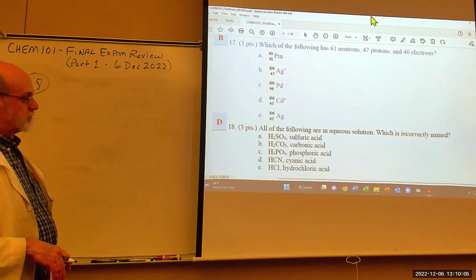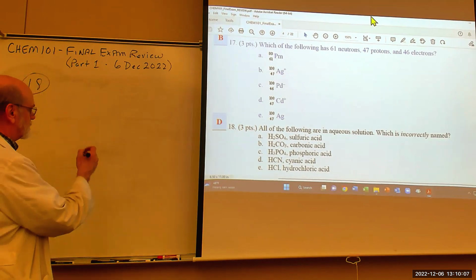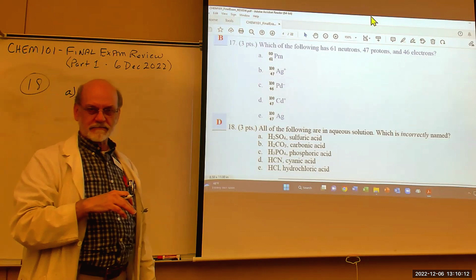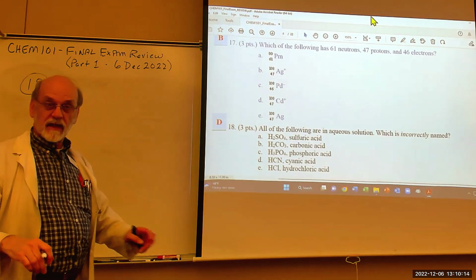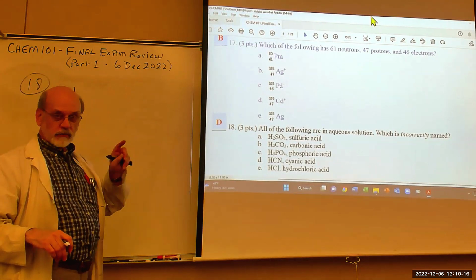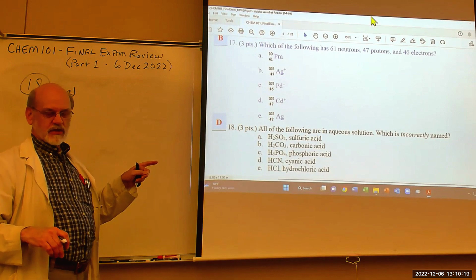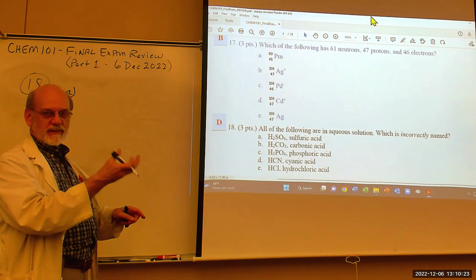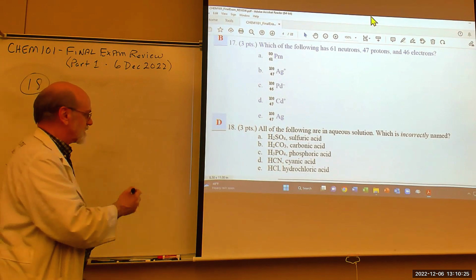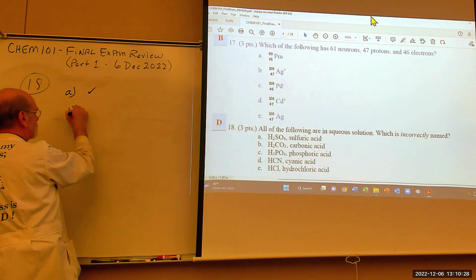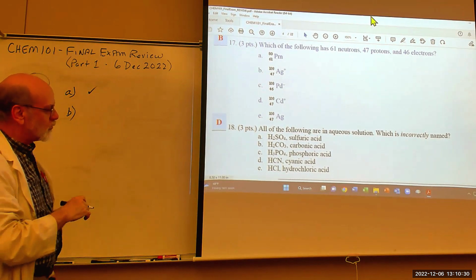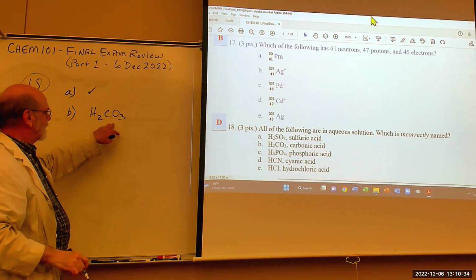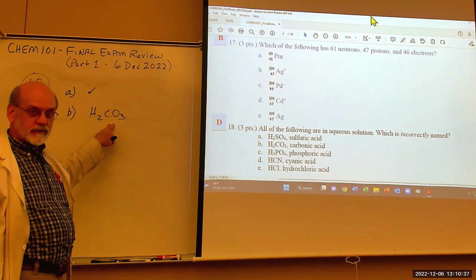Okay, so which is incorrectly named, right? Is H2SO4 sulfuric acid? Yeah. It has an oxygen in it, so you don't say hydro to begin with. You just take the polyatomic on the end, sulfate, -ate becomes -ic, sulfuric acid. That one's correct. How about H2CO3? Oxygen, so we don't say hydro.